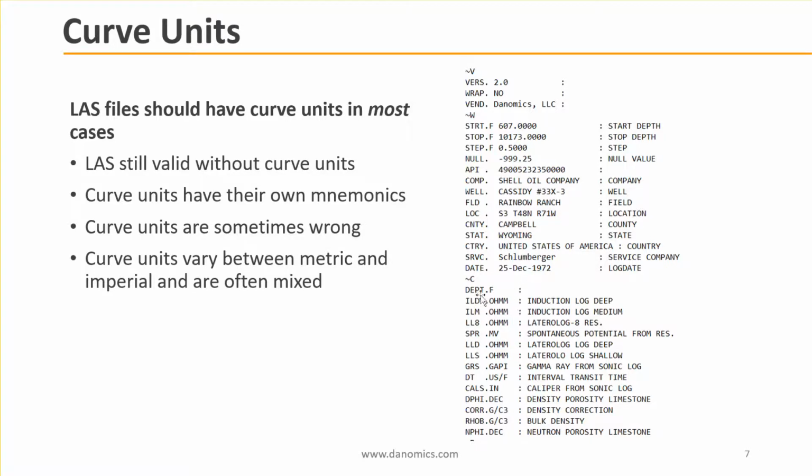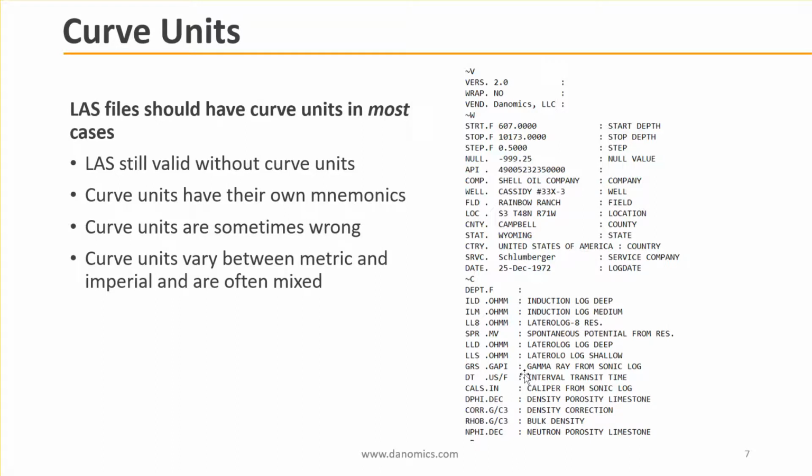For example, if we look at the sonic curve here, we see that it's called microseconds per foot, or US per F, and that is the standard imperial unit for that. But you might also see that abbreviated differently. It might be written out microseconds per foot, or US per FT, or US per FOOT.